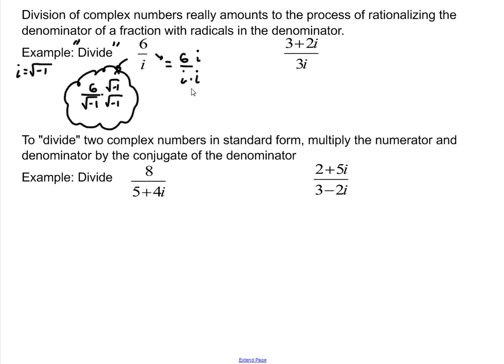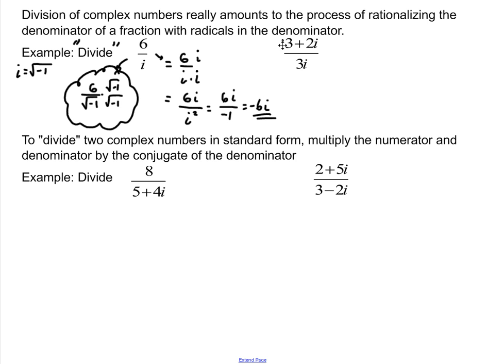So I'm going to multiply i times i in the denominator. I'm going to get 6i in the numerator. I'm going to get i squared in the denominator. And remember that i squared is negative 1. So this is like saying 6i divided by negative 1. But in the simplest case, that's really just negative 6i as the result.